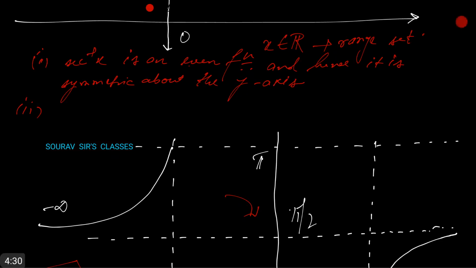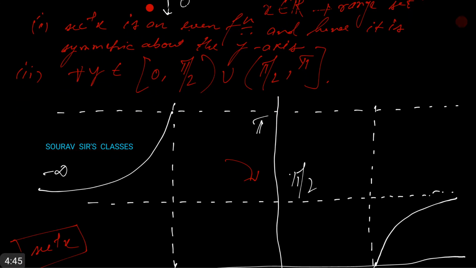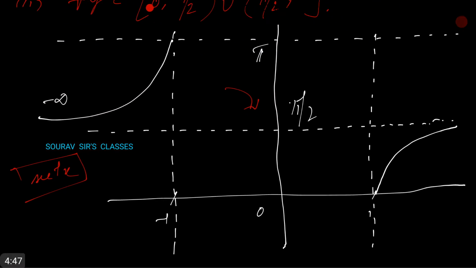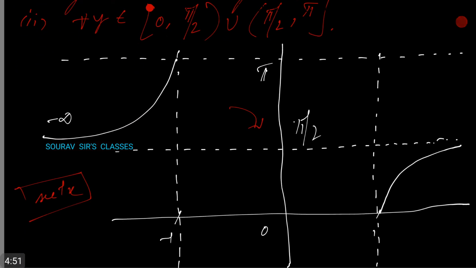So sec inverse x is defined for all y belonging to 0 closed to pi by 2 open, union pi by 2 to pi closed. Alright, so this is the domain and range. I hope you get the idea how we got here.